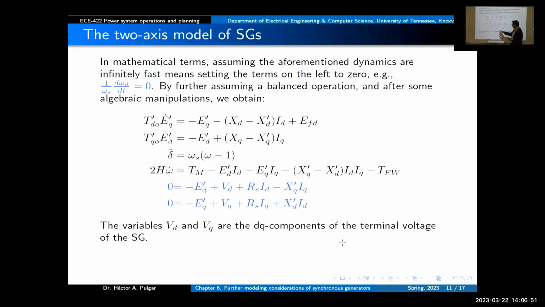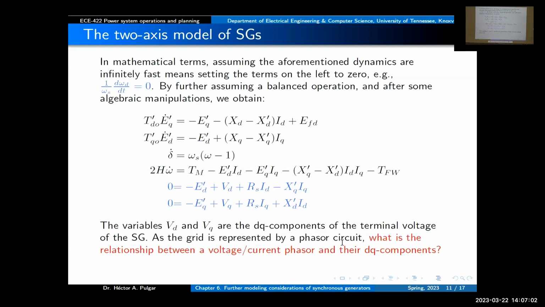How do we connect these D and Q components with a phasor? Again, that requires some revision of the transformation, we have to find some relationship, but I am providing you the answer right here. If these are related to the terminal voltage, how do you convert these into a phasor?